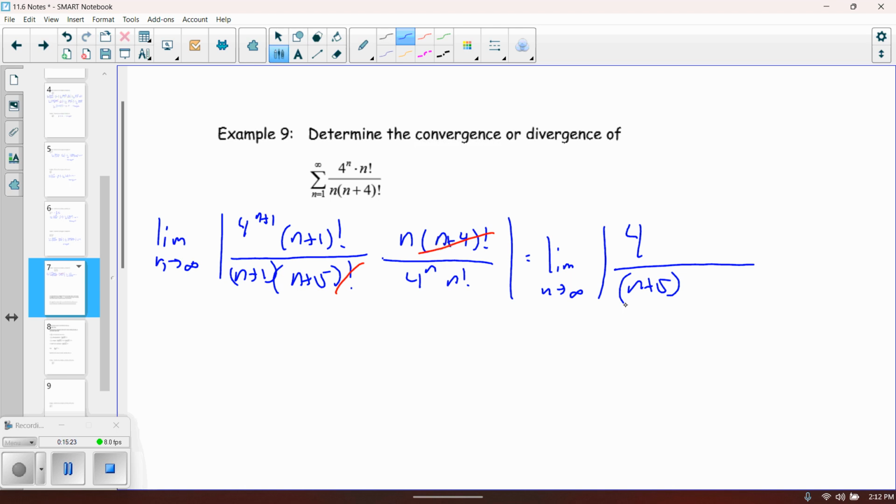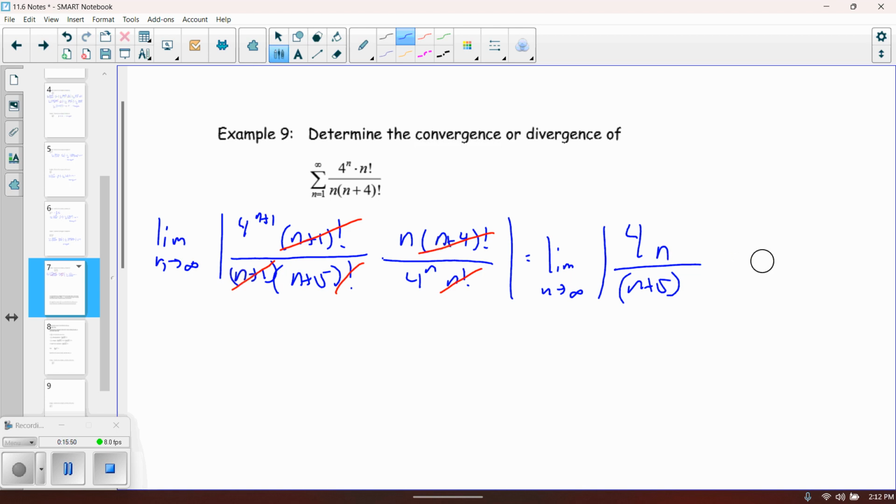Let's see. Well, next part's actually kind of nice. Let's think about this. So n plus 1 factorial is n plus 1 times n factorial. Well, look what you have in the denominator. I have n plus 1 and n factorial. That's going to get rid of that whole thing, which really just leaves us with an extra n in the numerator.